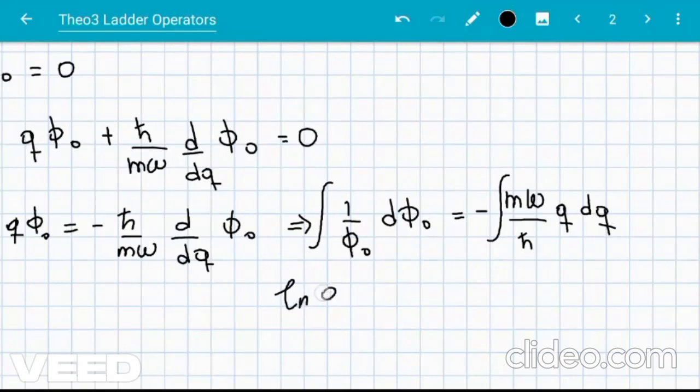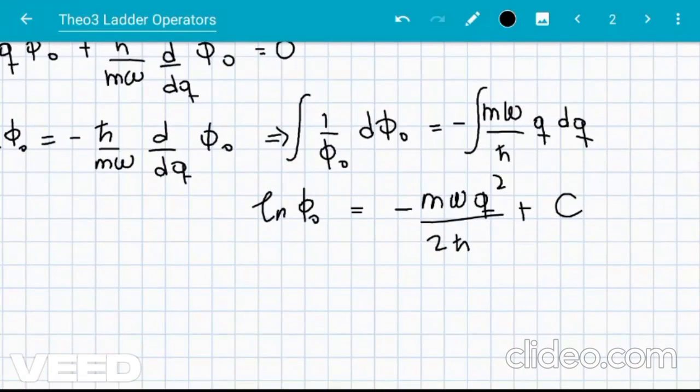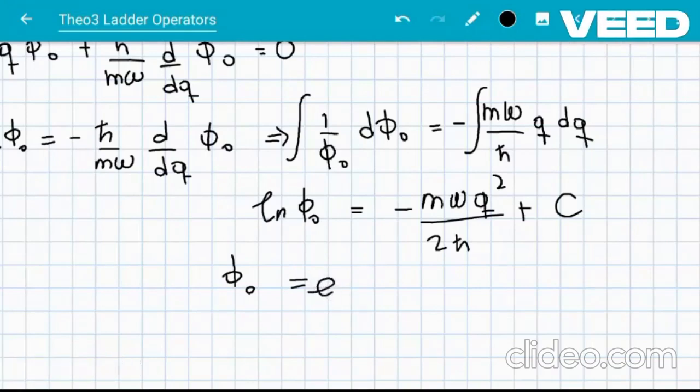of phi is equal to, that's just a basic integral, m omega q squared over 2h bar, plus a constant. So in order to find phi, I'll just take the exponential basis, which is just going to give me phi 0 is equal to exponential.